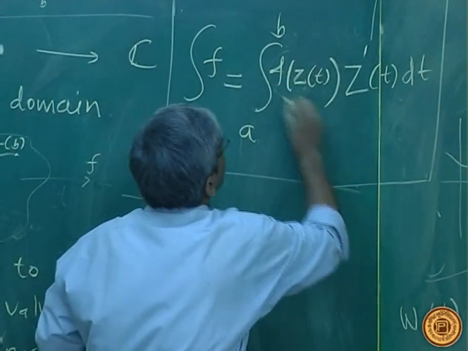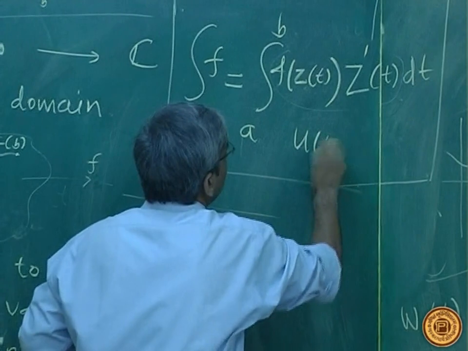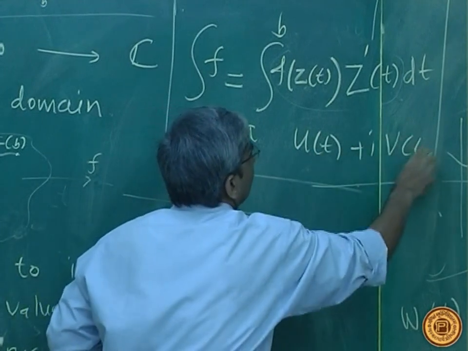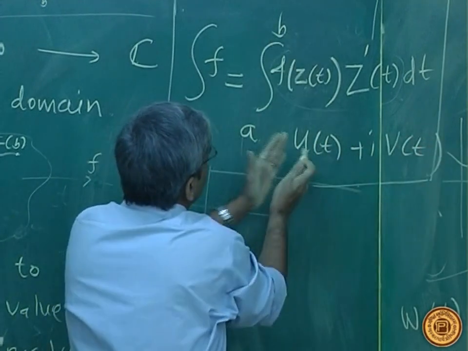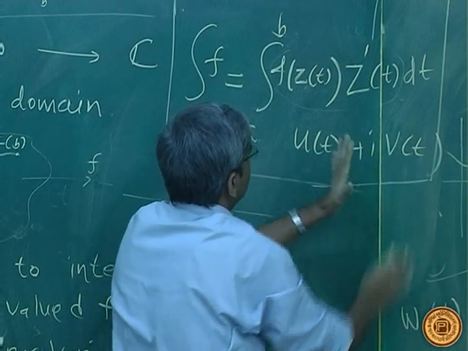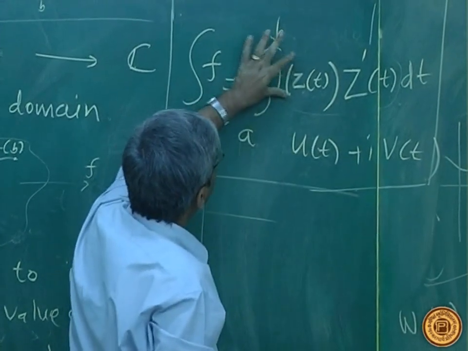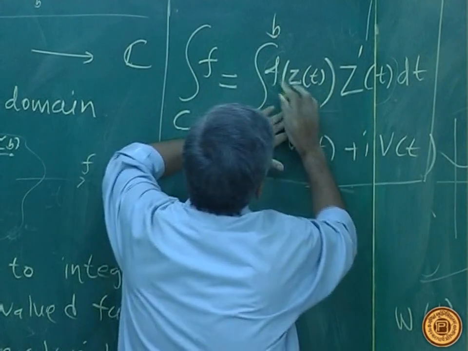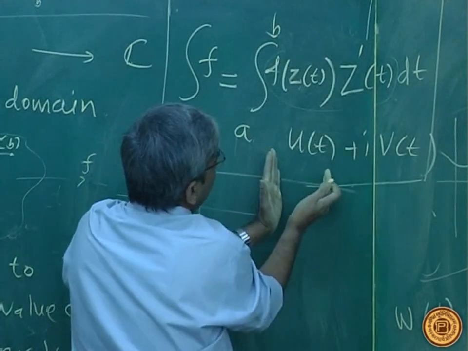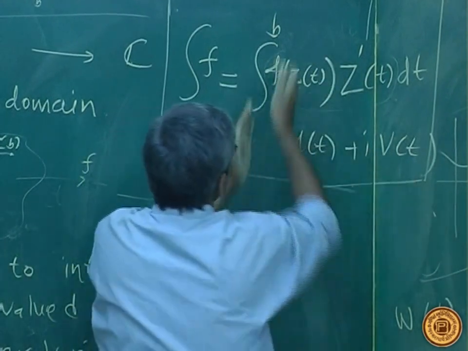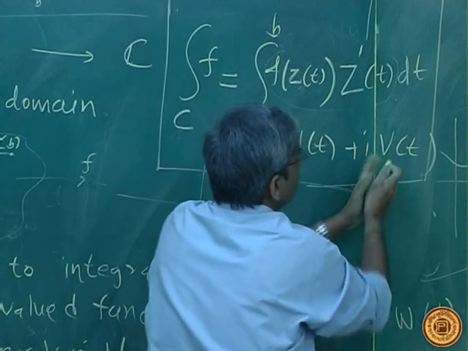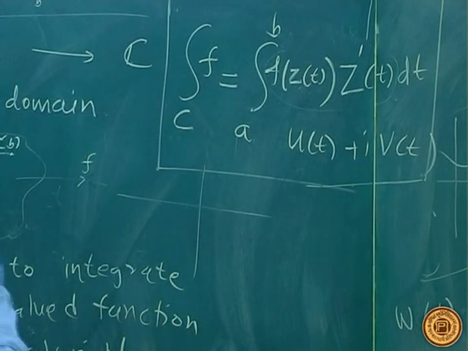So this entire thing we will be able to write as u(t) plus i times v(t), and then we have defined this integral as the integral of this plus i times the integral of this. So when you know f, when you know z, you can find this entire thing and express it as u(t) plus i v(t), and then integrate this plus i times the integral of this. That is what is written there.